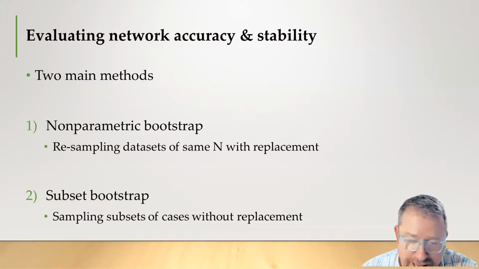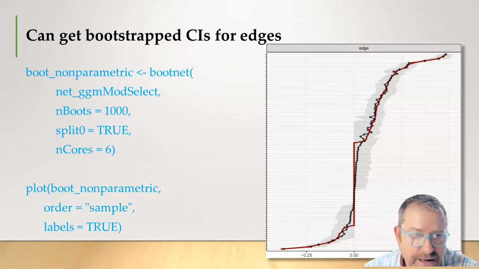So in addition to looking at power, there are two more things that you can quite easily do with the bootnet package. You can look at confidence intervals for the edges. So you do bootnet and you bring in your results, you tell it how many bootstraps to do, split 0 equals true, and n cores equals 6.